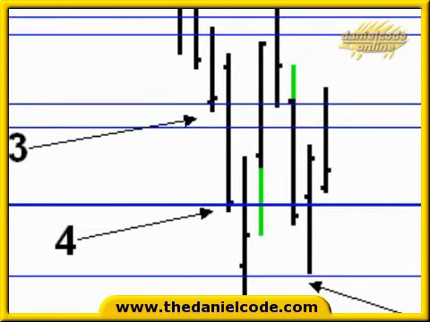Bar number 4, down it went. Its low for the day and its close was right at that point where there are two Danielcode numbers at 909.80 and 911. And where we have two numbers from different sequences meeting at the same place, we call that 2 degrees of Danielcode numbers.